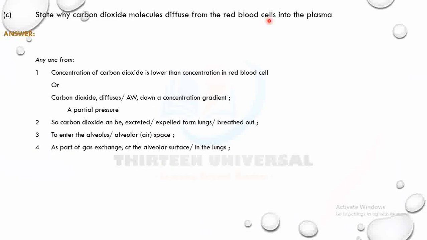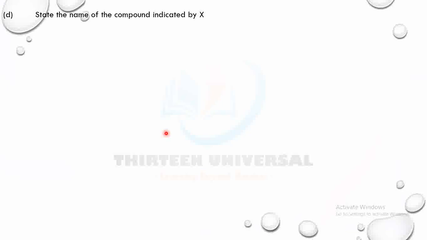Look at it. The concentration of carbon dioxide in the plasma is lower than the concentration in red blood cells. Carbon dioxide diffuses down the concentration gradient, so that's why it's leaving. So carbon dioxide can be excreted, to enter the alveolus as part of gas exchange at the alveolar surface.